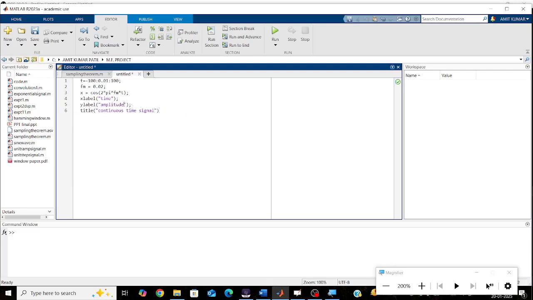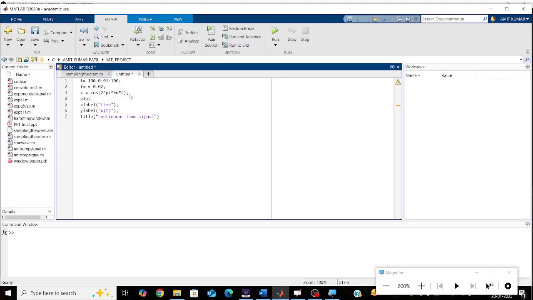Y label is amplitude, or instead of amplitude we can also write, for better understanding, xt. X-axis is time. So this will plot the graph, and also we can decide on which position we want the graph. For plotting the graph we have to write the command first. So what is the command to plot the graph?